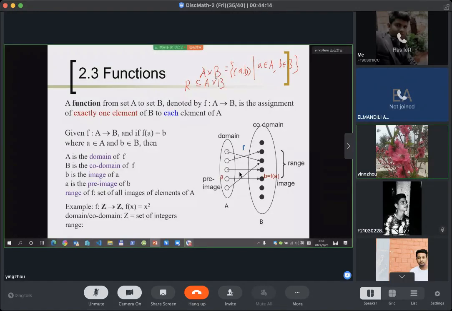A and B have a relation, and if we have their relation, we can use the relationship to connect them.